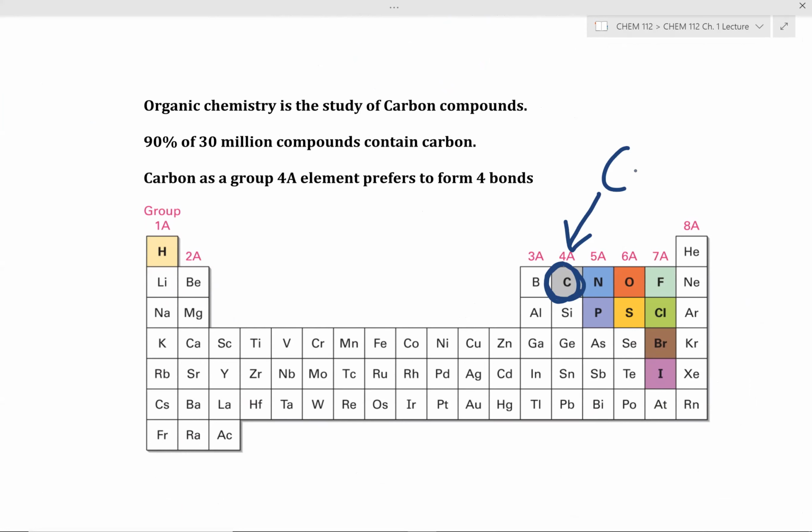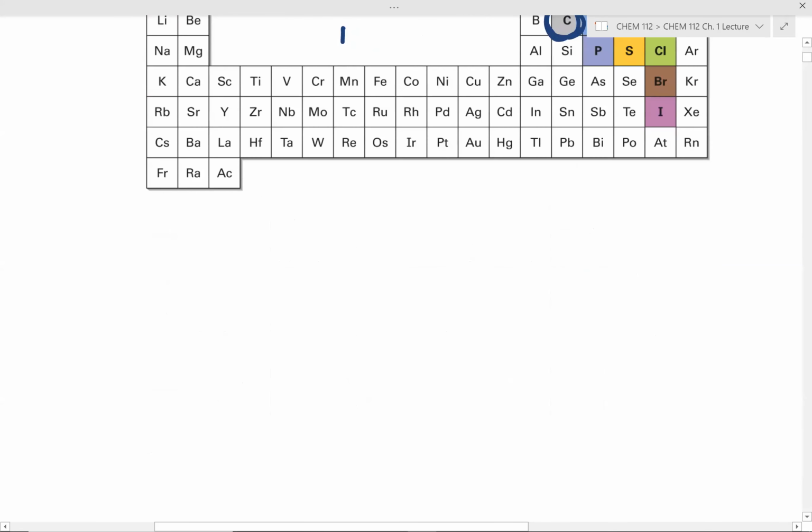And carbon, as a group 4A element, prefers to form 4 bonds. With what, you may say, and that's really the interesting part of organic chemistry. Depending on what functionalities we have bonded to carbon and how those functionalities are arranged, we get different properties, different reactivities, and different functional uses. So that's organic chemistry as a broader field.